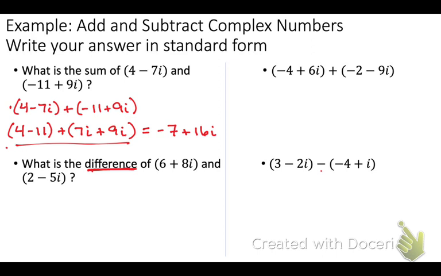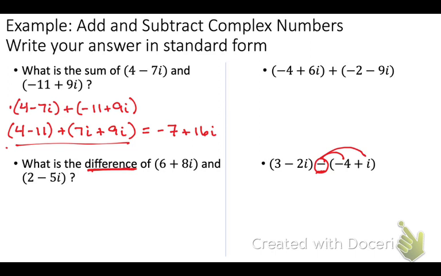So with addition, I just added, right? But with subtraction, what do I have to do first? What do I have to do with this right here? Distribute it. Yeah, I have to distribute it, don't I? Don't I have to distribute this negative in?